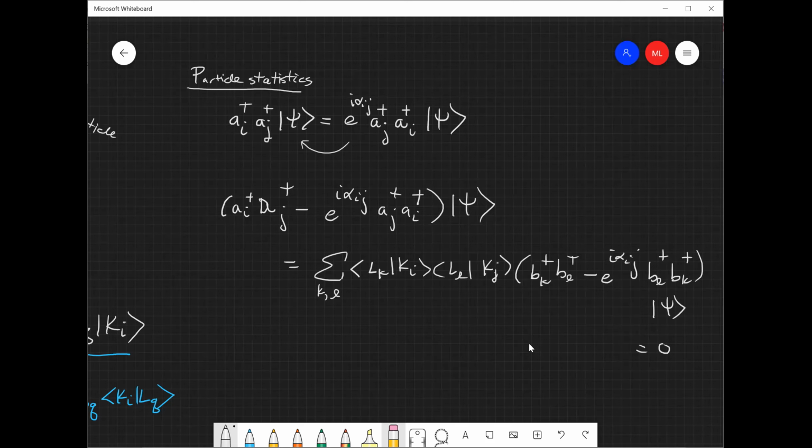You have to have that b_k dagger b_l dagger is equal to e^{i alpha} b_l dagger b_k dagger. And this can't depend on i and j, so this has to be some number. If this is true, then of course this is true for any l and k, so I can just do this transformation again. And so this has to be equal to e^{2i alpha} b_k dagger b_l dagger.